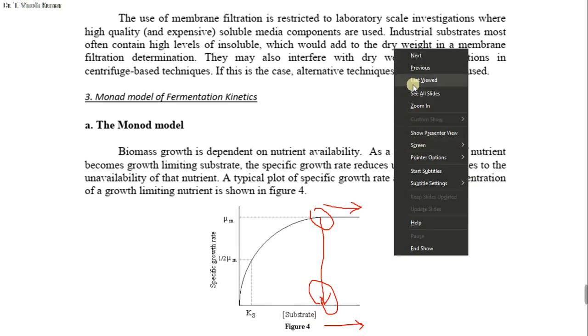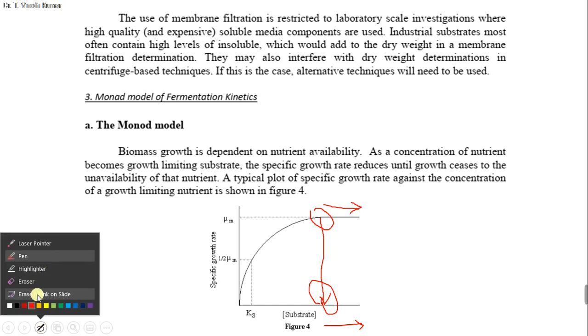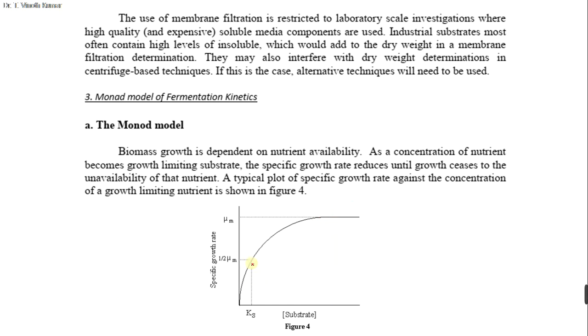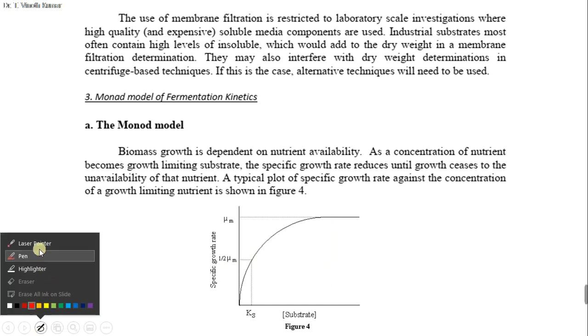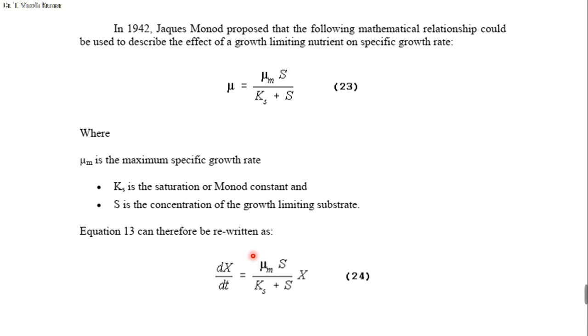And maybe we can see all the components one by one. Yeah, this is explained in the diagram. In 1942, Jacques Monod proposed a mathematical relationship to describe the effect of the growth limiting nutrient on specific growth rate.